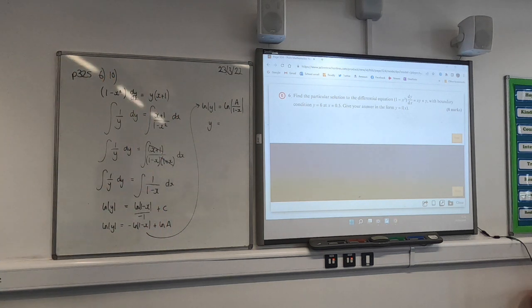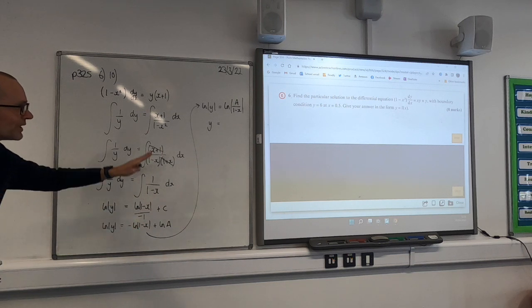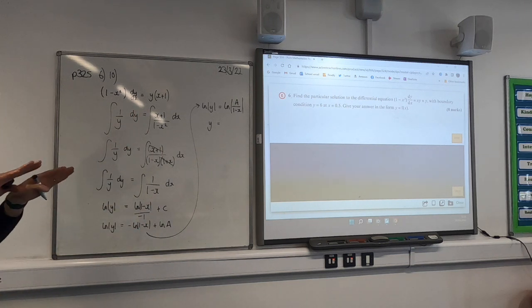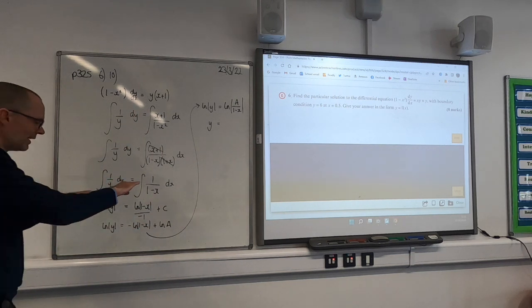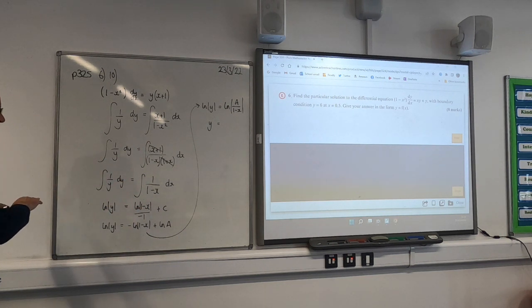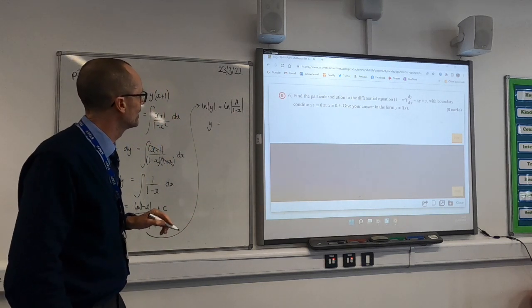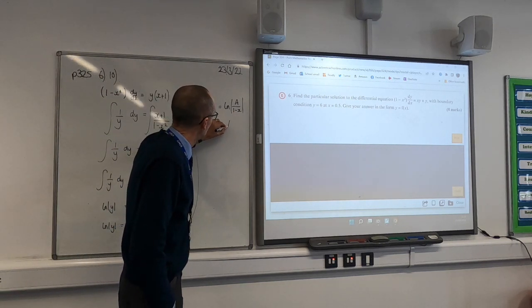You could have brought the minus sign up here and changed that into the -1, but it's much easier, I think, to do that. And we did that the other day with partial fractions as well. So I'm flipping those two around. So I've got the log of one thing, take away the log of another thing, which means I can write it like that. And then I e both sides.